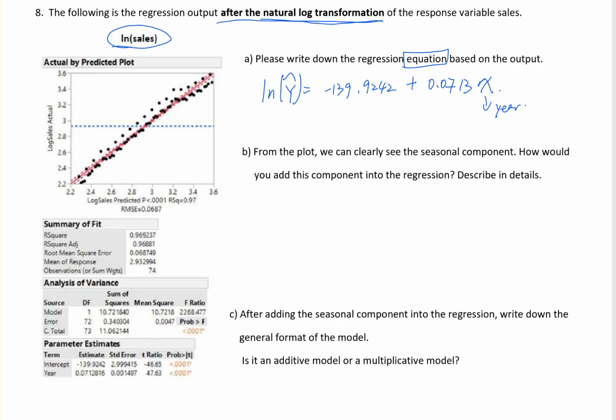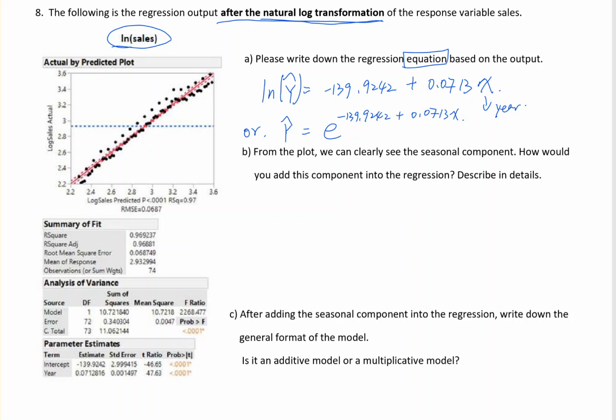So actually you can write it this way, or, since I really care about the response variable, we can take the exponential of both sides. Either way is okay, but you cannot just write y hat equals that, because it is not just y hat. We have already done the natural log transformation.